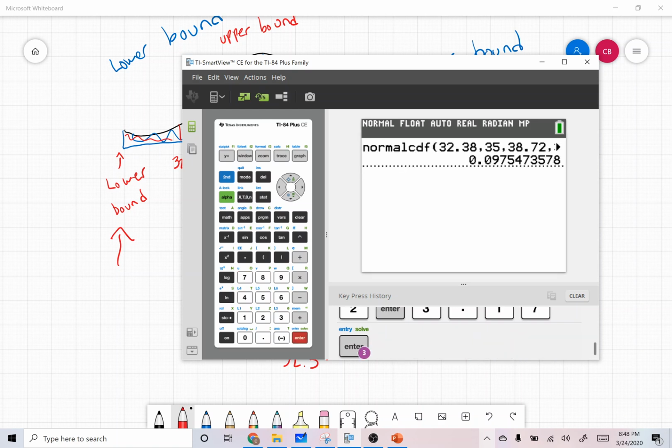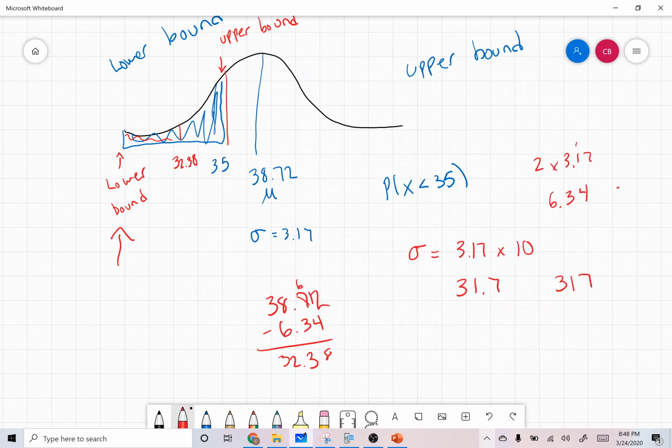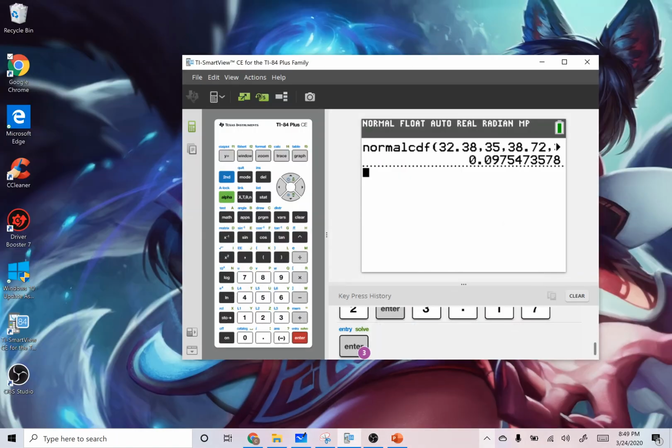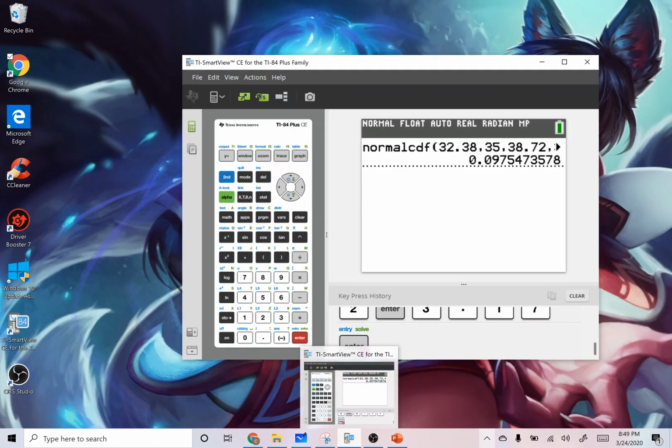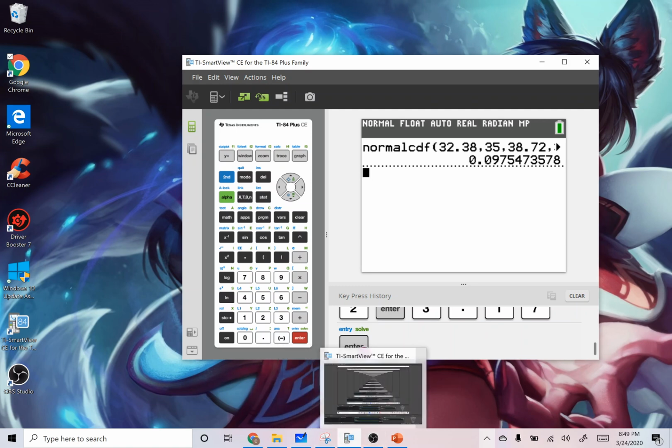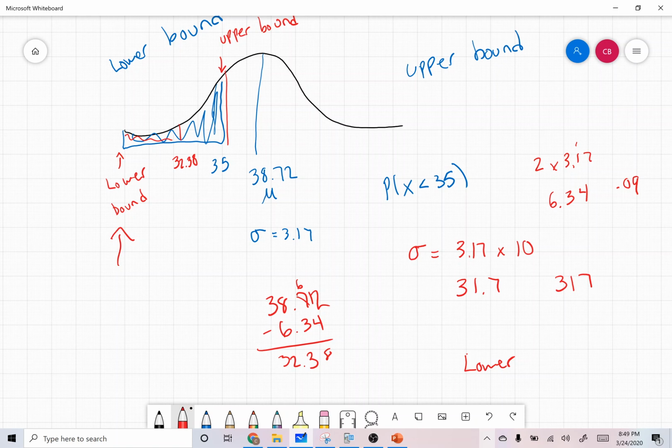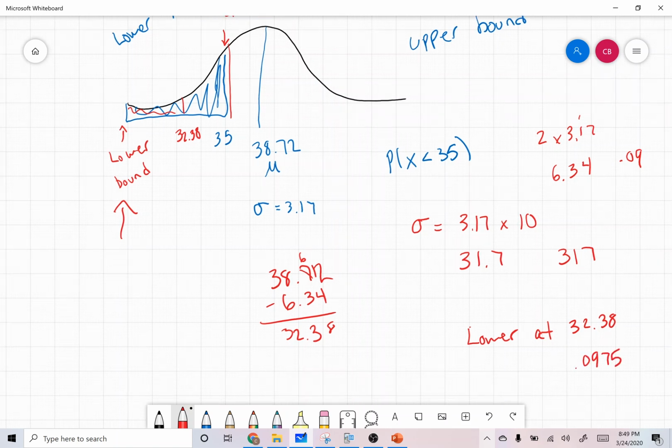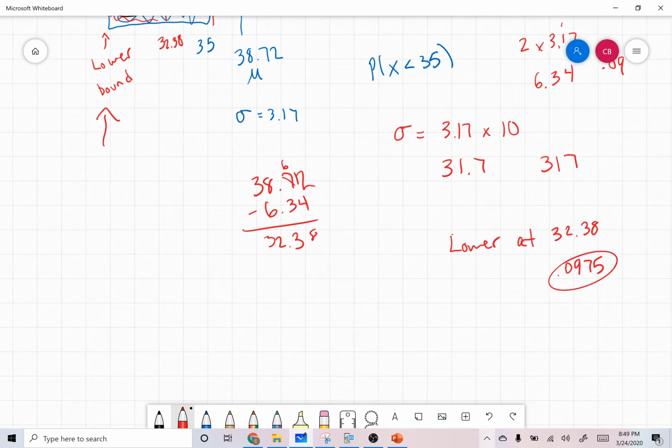We paste it, we enter it, and we get 0.0975. So with the lower at 32.38, we have 0.0975 as our answer. That would be the probability that they're born less.